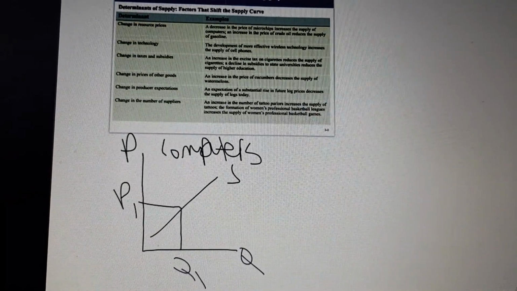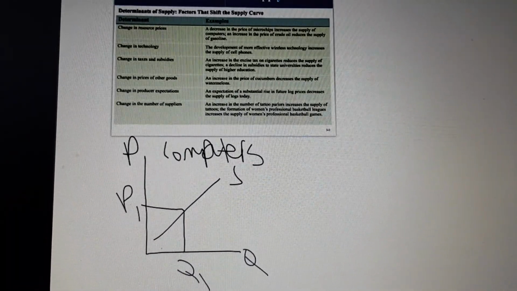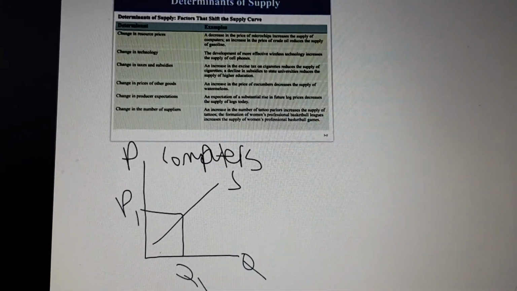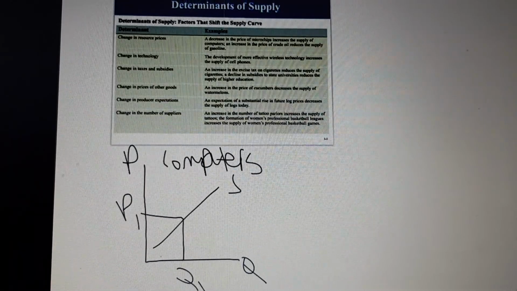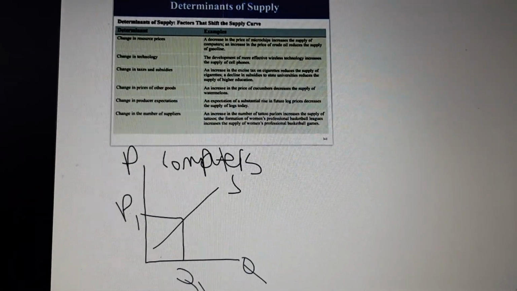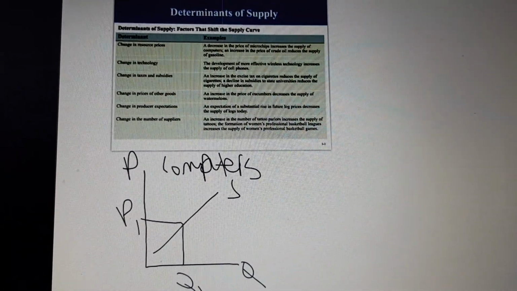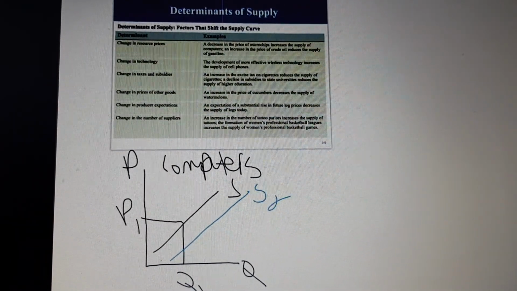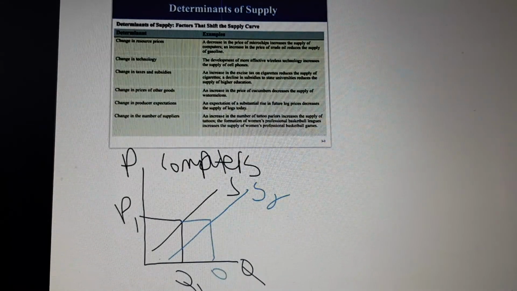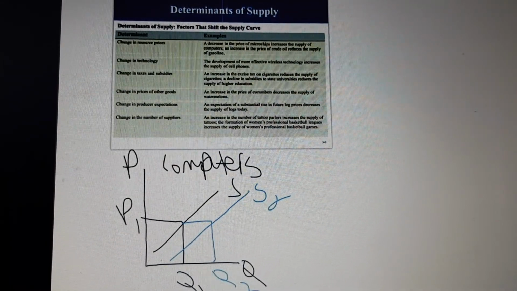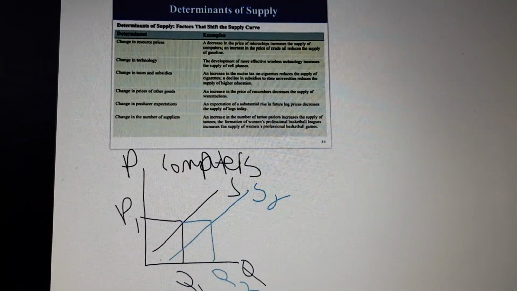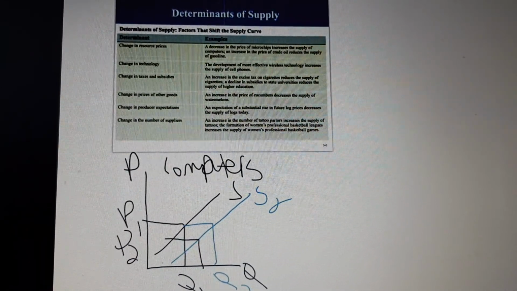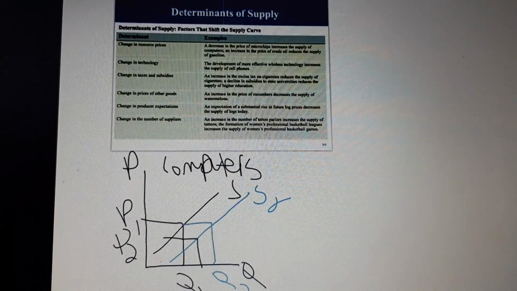And so since one of the parts to make a computer is now cheaper, a producer is able to supply more computers profitably at each given price, so supply would shift to the right. And so at each given price, they would supply more computers than before.